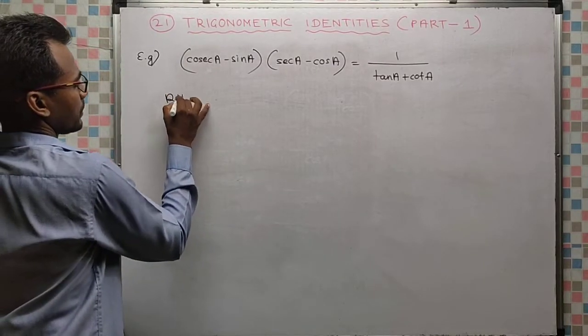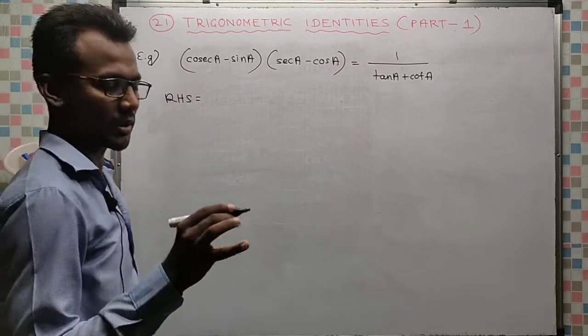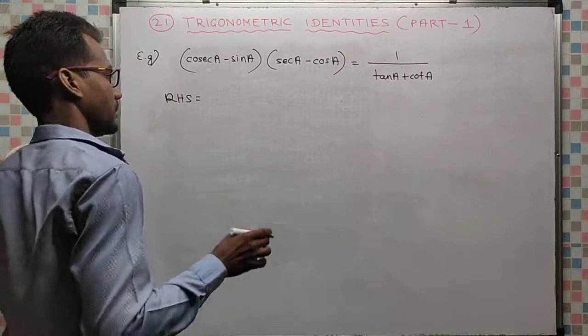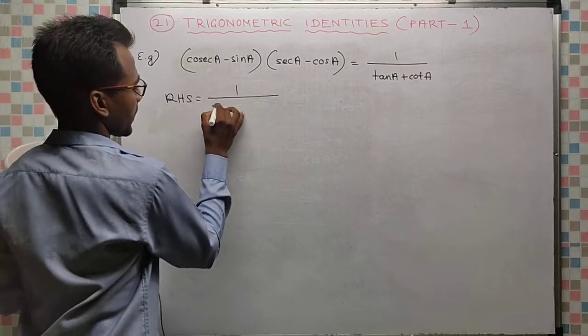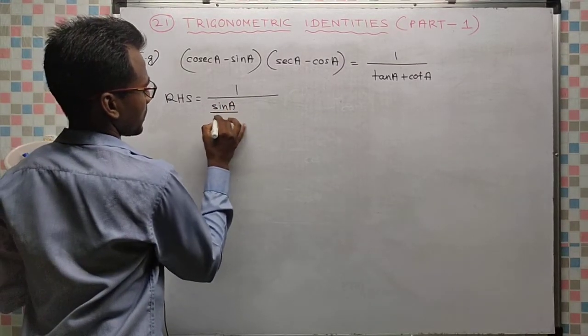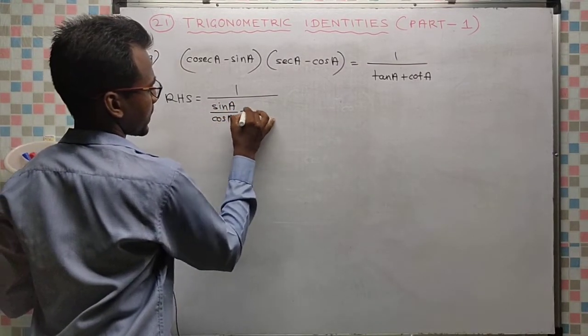If we get cos A into sin A, then we are correct. 1 by tan A can be written as sin A by cos A. Convert to sin and cos.